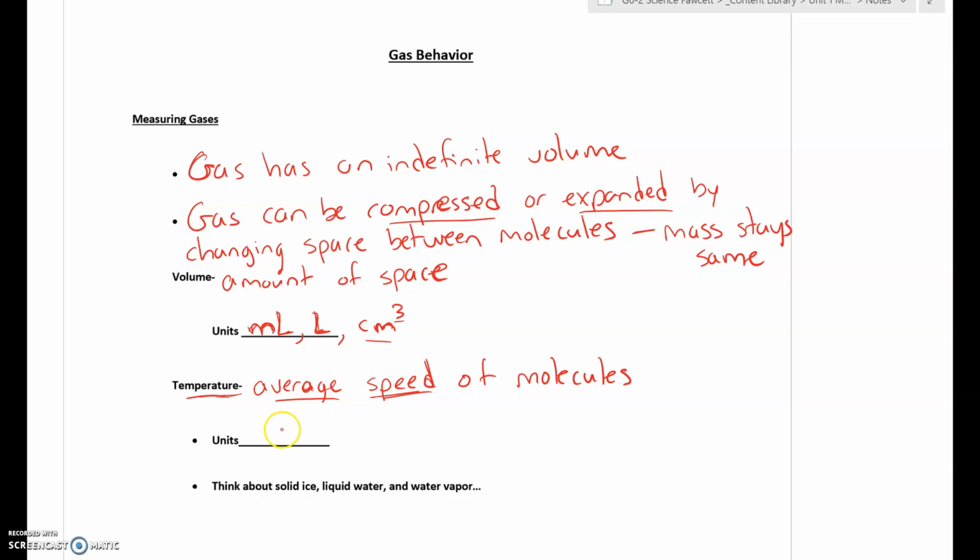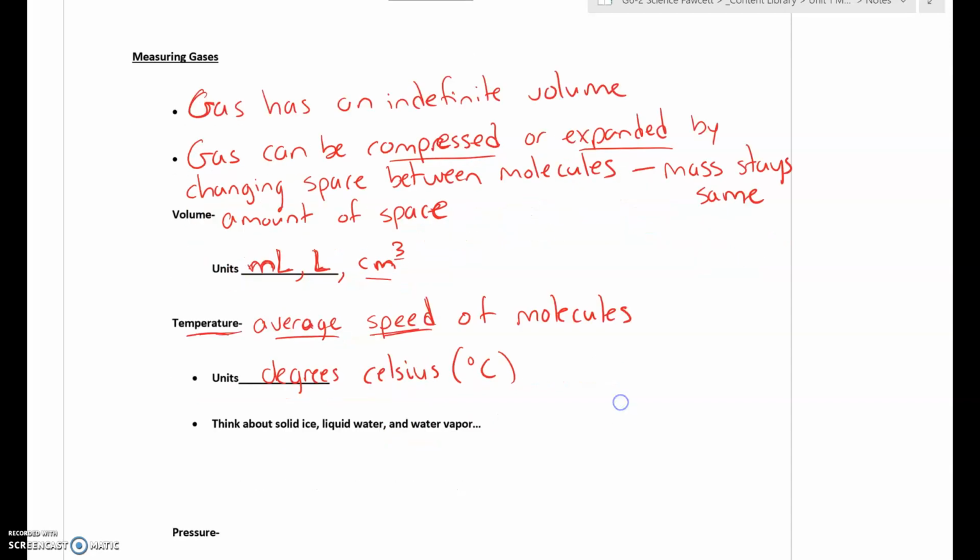And the units that we use in science class are degrees Celsius, or degrees C. We could use other scales like Fahrenheit or another scale called Kelvin, but in science class, at least this science class, we're going to stick to Celsius.